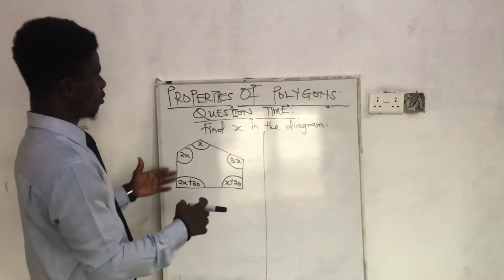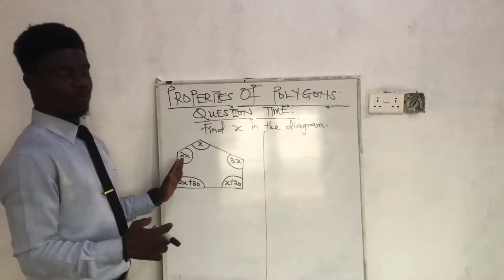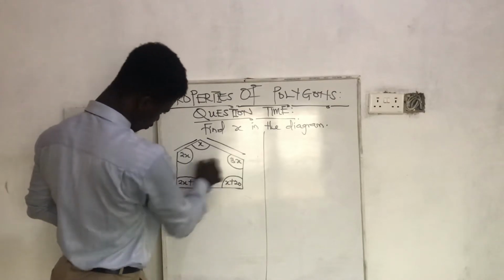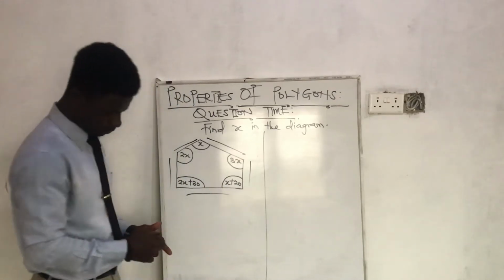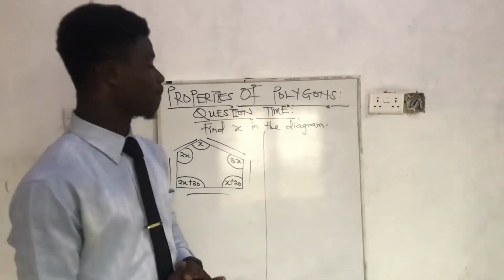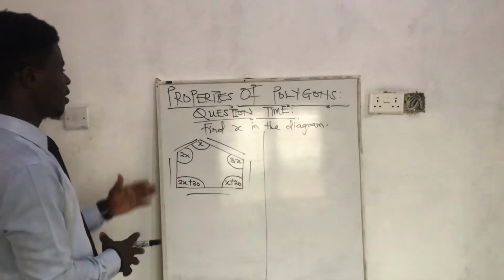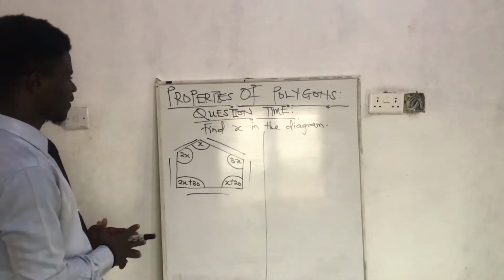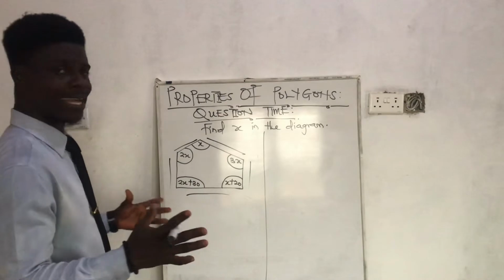Now, you have a plane shape as this. So let's see how many sides. 1, 2, 3, 4, and 5. So it has 5 sides. So this polygon is not a regular polygon. Why?